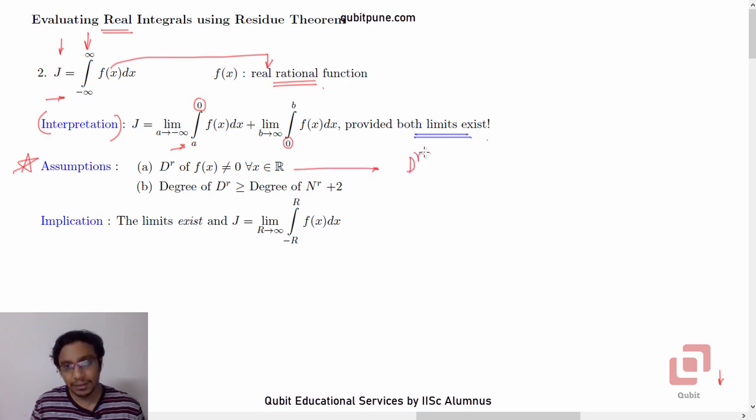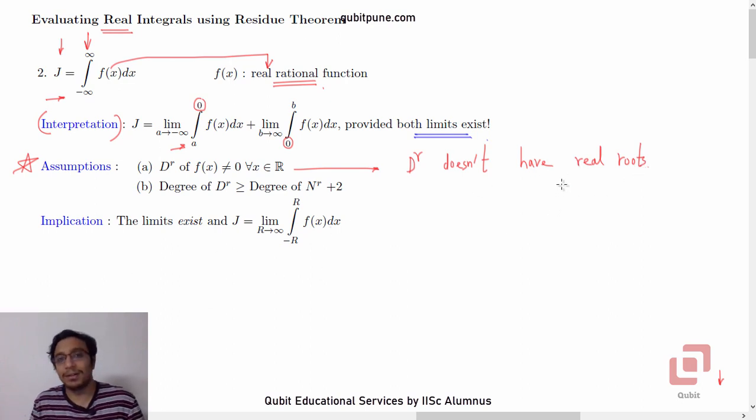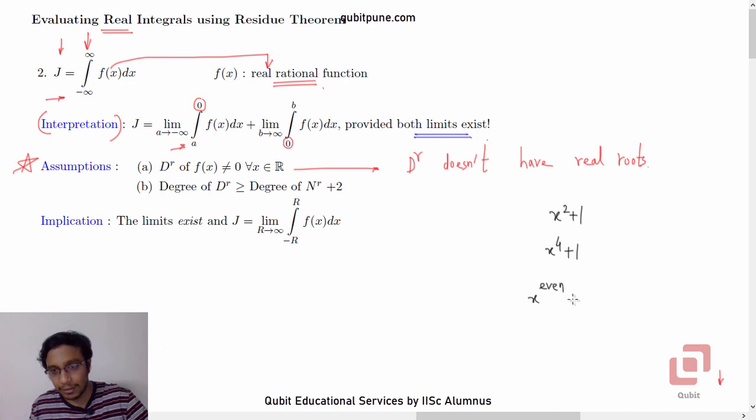That means the denominator doesn't have real roots, or should not have. So this automatically provides us some of the possibilities. You may have x squared plus 1, x to the 4 plus 1. So in general, x to the power of any positive even number, plus 1.